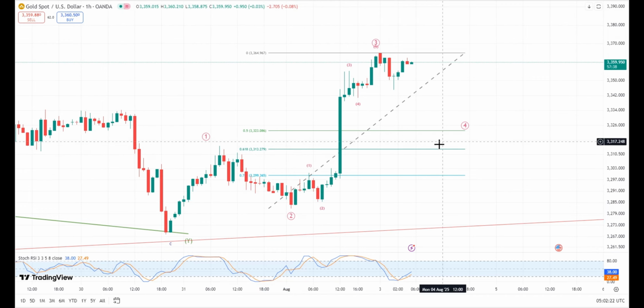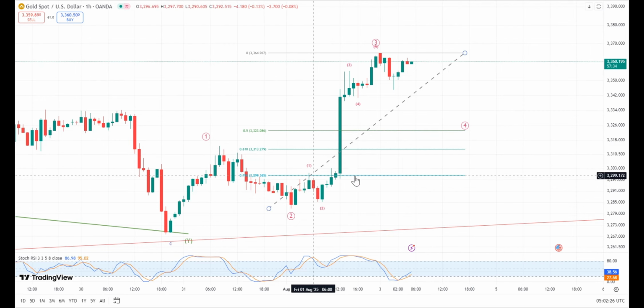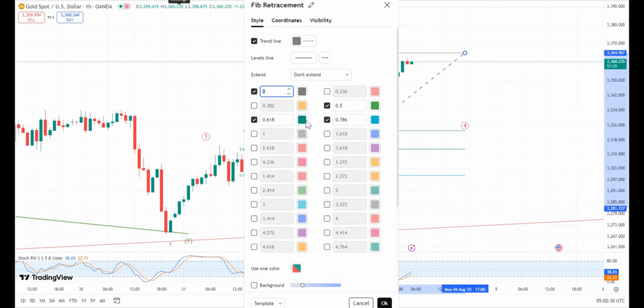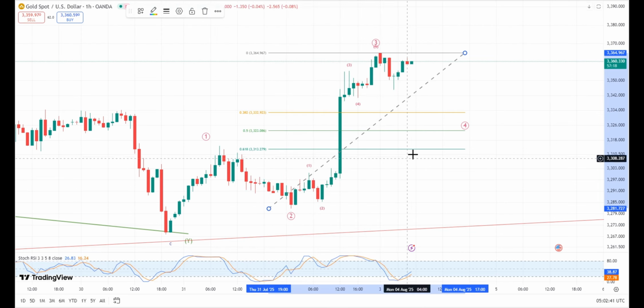So we don't have to project 78% retracement, but our major target will be 38%, 50%, and 61% retracement ratio.